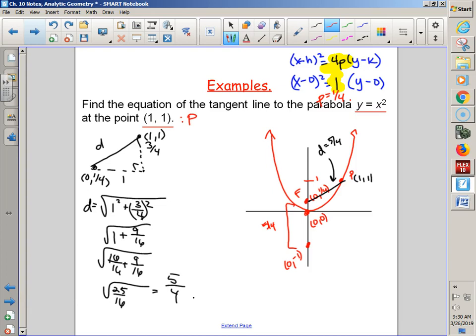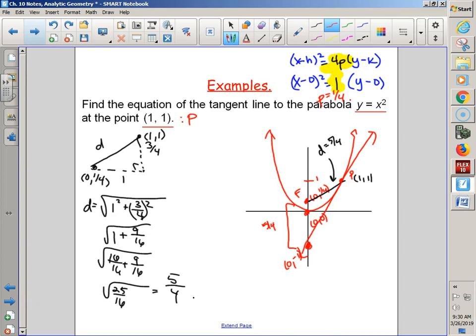What did I just find? Out of all the infinitely many lines that could have gone through point P, I just found the one point that establishes the perfect tangent line. By finding the distance and going along the axis from the focus, I found the one point on the y-axis that the one line that I want goes through.